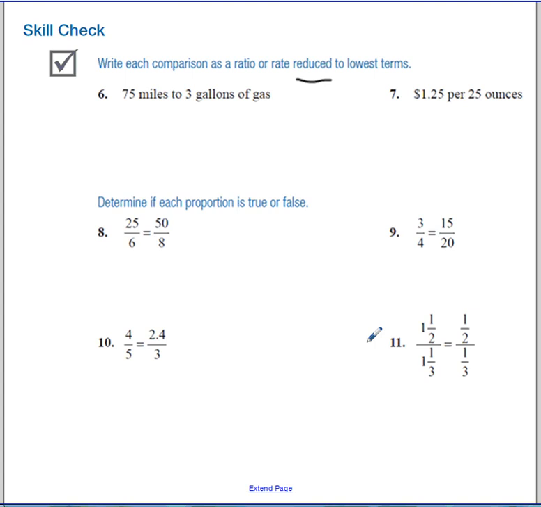The TI-30s are probably the easiest calculators to work with using fractions. Otherwise, pause the video and work those out. The answer key is in Canvas under the Files tab if you want to take a look and check your answers. Otherwise, when you're ready, unpause it and move forward, and we'll look at some story problems together.